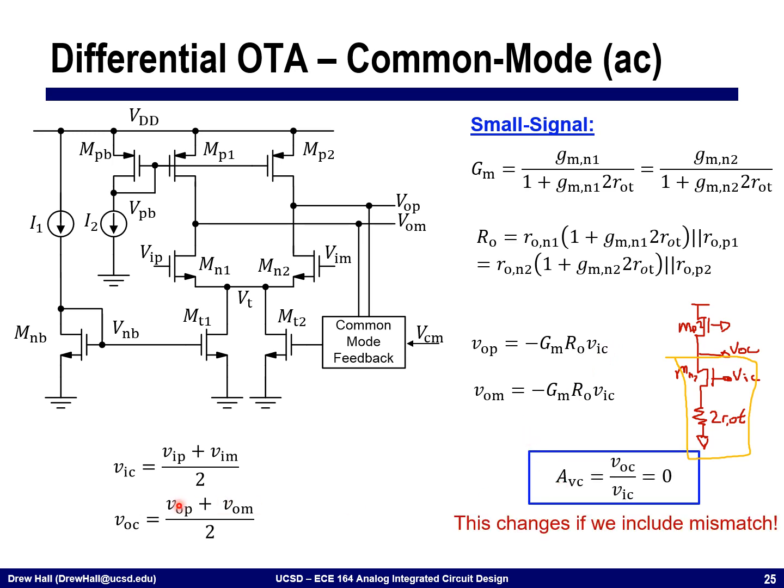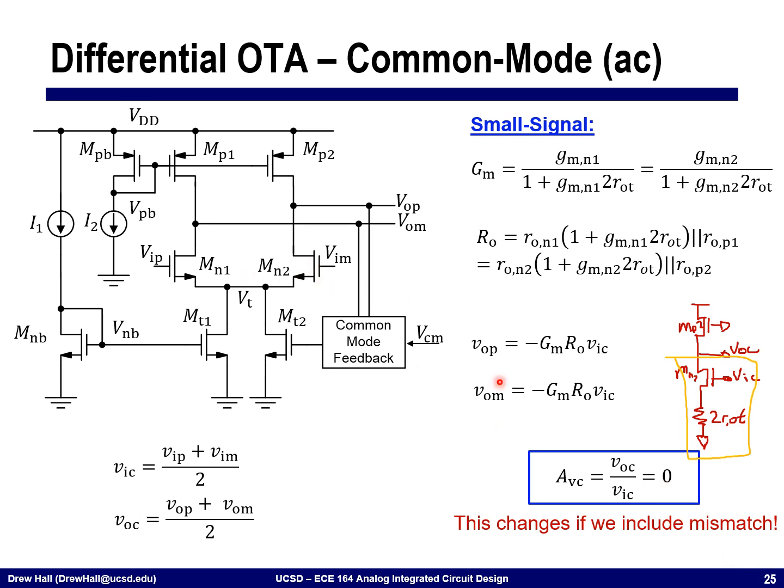And so when I take the VOC divided by VIC, that is, I add these two together, you'll notice that I get that there's no gain. So very similar to the previous case here, where if I apply common mode input in an ideal differential mode amplifier without any mismatch, I have no common mode gain.